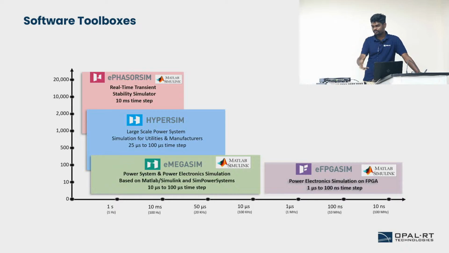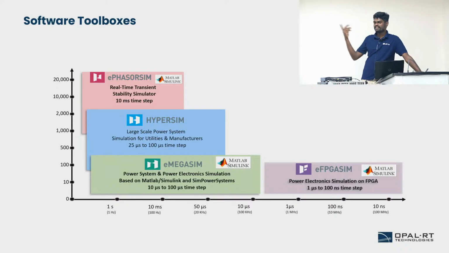Apart from this real-time simulator, we do have a lot of software toolboxes which help you to enhance your simulation experience. You can see we have eFPGA sim. As I told earlier, the eFPGA sim toolbox helps you to run your power converter simulation inside FPGA, and we have eMegaSim for power system simulations.